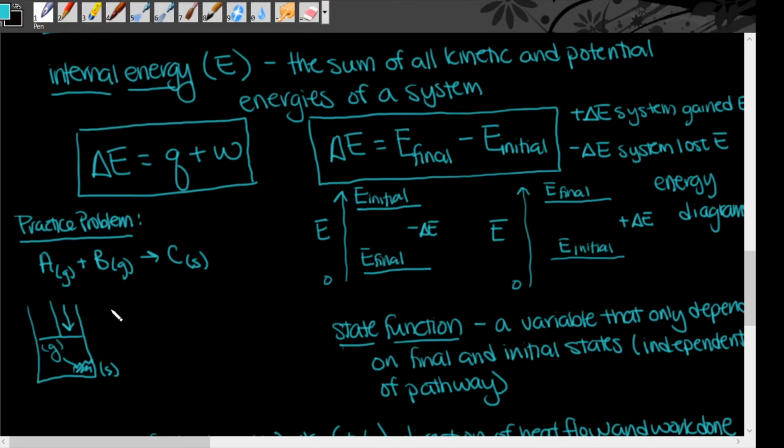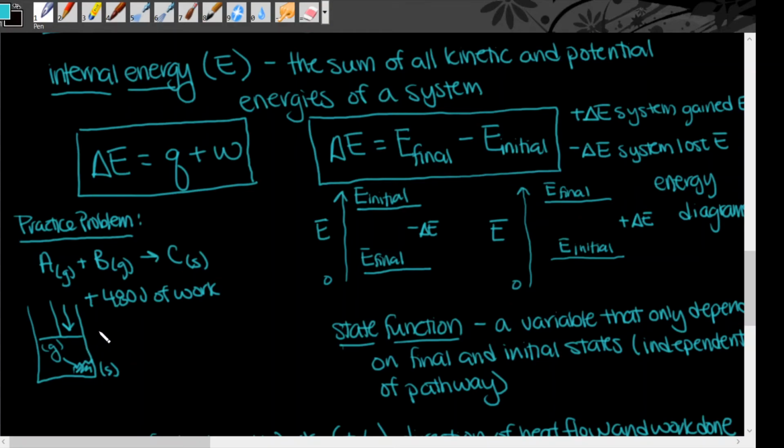All right. Now, let's see. This piston going down, let's say that represents, and remember this is going to be a positive sign, 480 joules of work. 480 joules of work are being done by the surroundings onto the system.